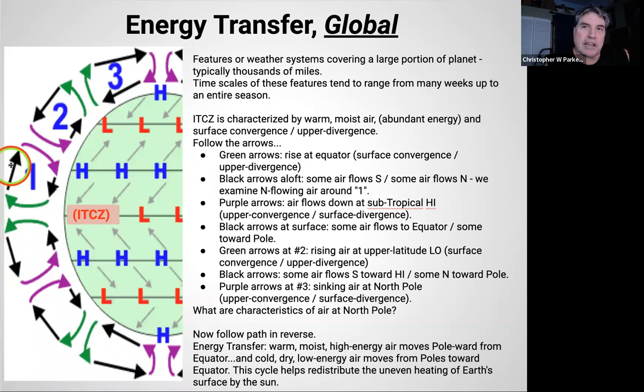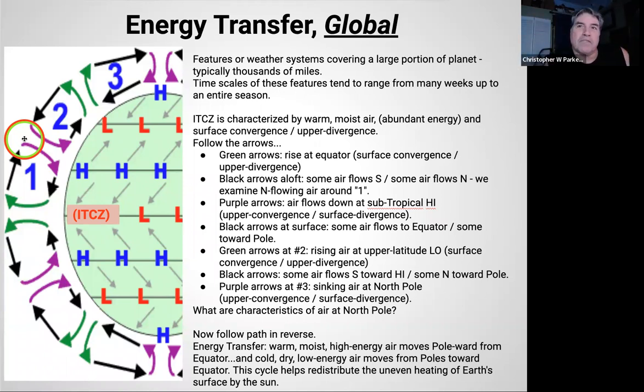And when they get up to the subtropics around 25, 30, 35 degrees north, they hit air that's flowing to the south. And this creates a big pileup of air molecules in the atmosphere. And that big pileup of air molecules in the atmosphere makes the air heavy.